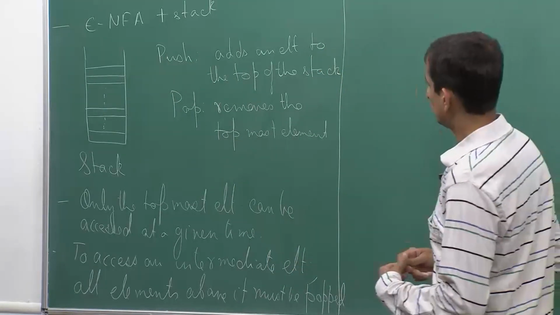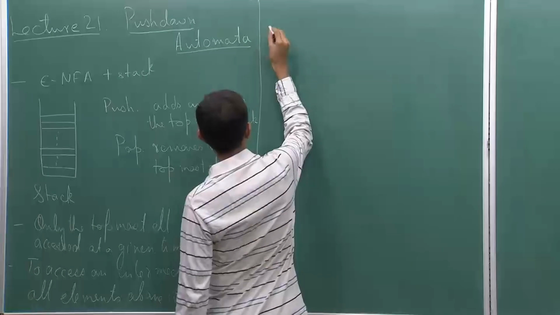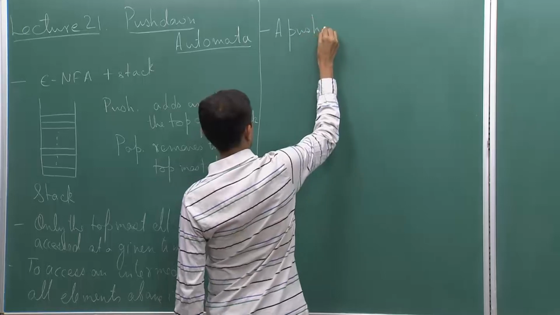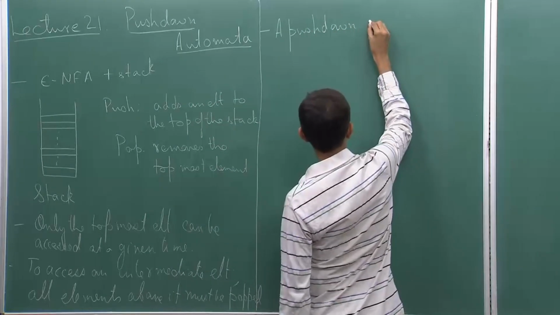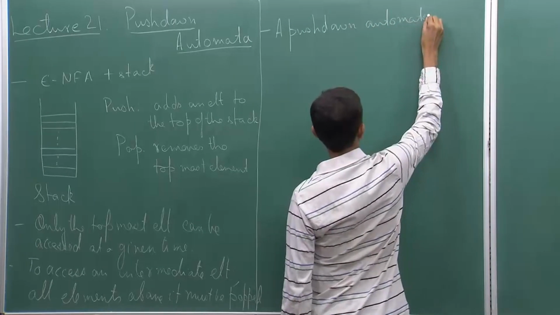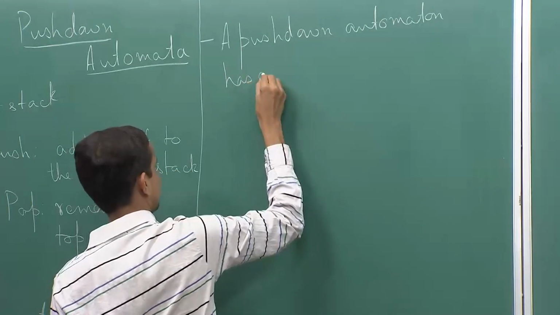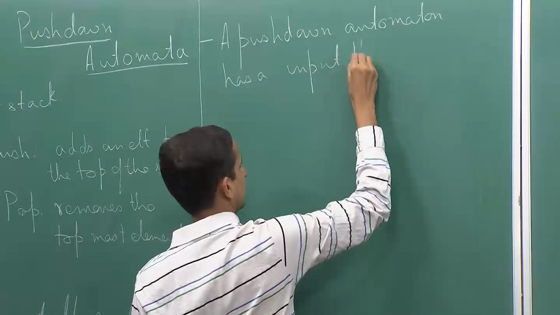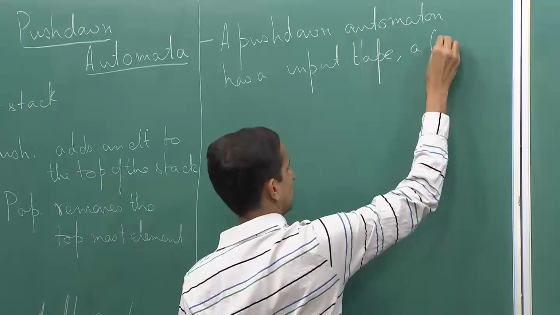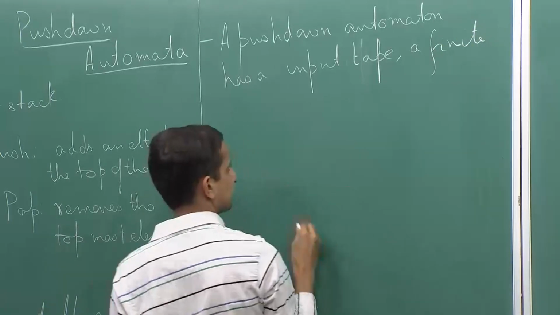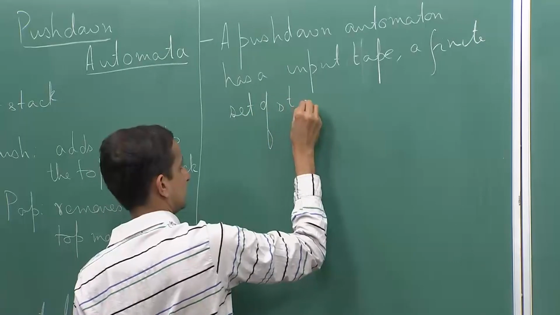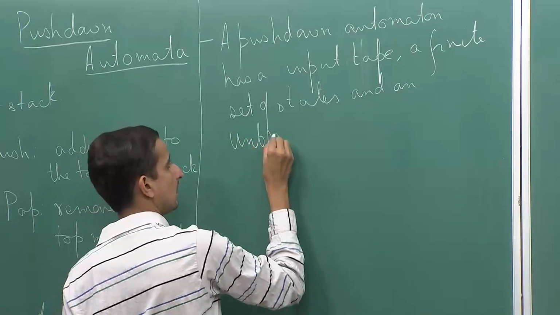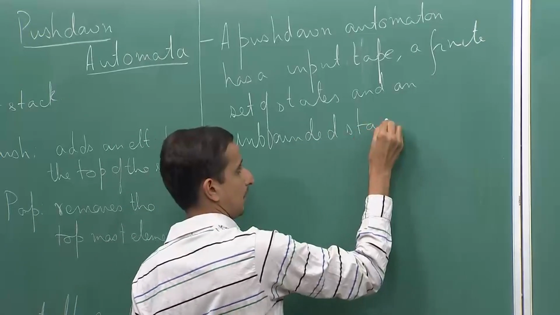Informally, and I am just going to give the informal description today, a push-down automaton has an input tape, a finite set of states and an unbounded stack.